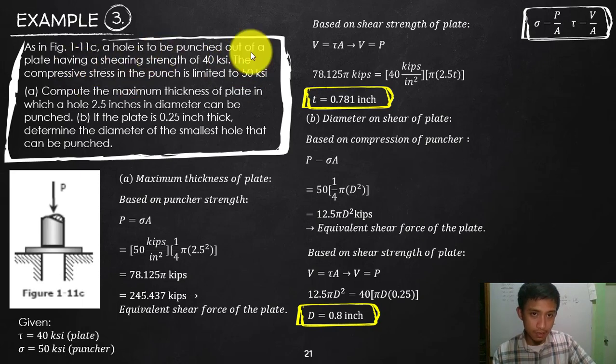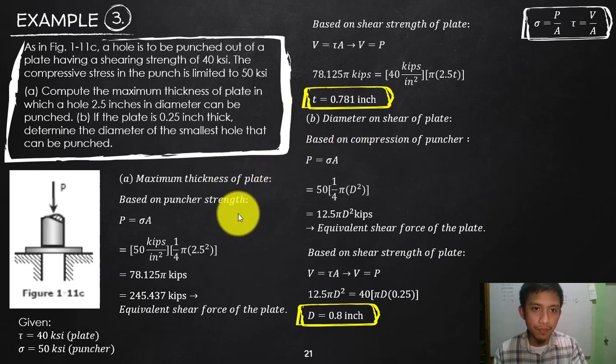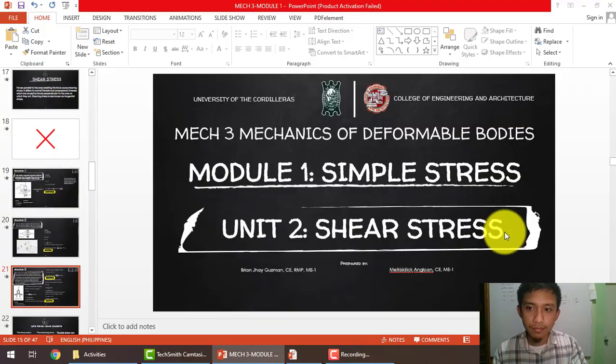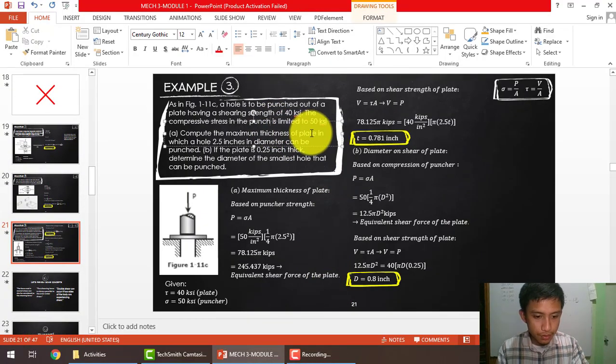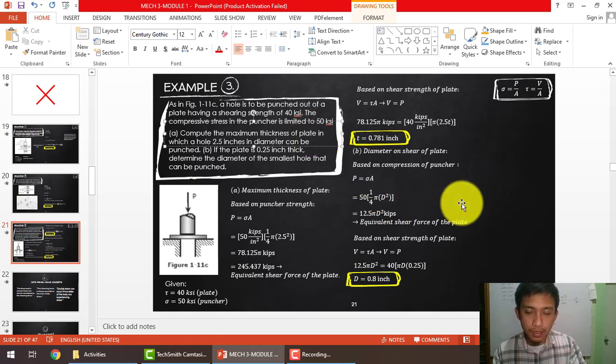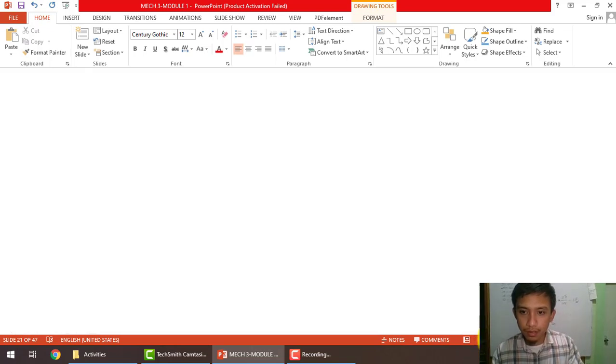So again, let's go back. A hole is to be punched out of a plate with a shearing strength, so that is the strength of our plate, 40 ksi, and the compressive stress in the punch is limited, or that is the puncher. Let's just change that one to puncher, so that you will not be confused.